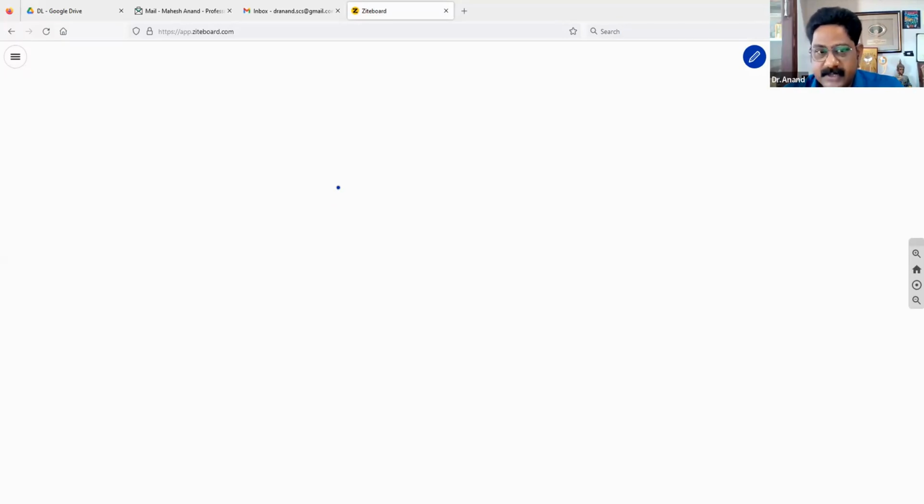So for object detection, as I told you, the foundation is object localization.